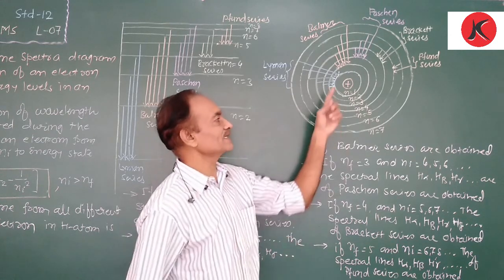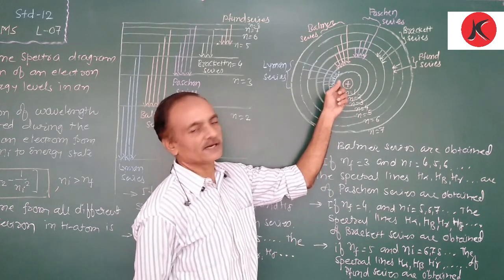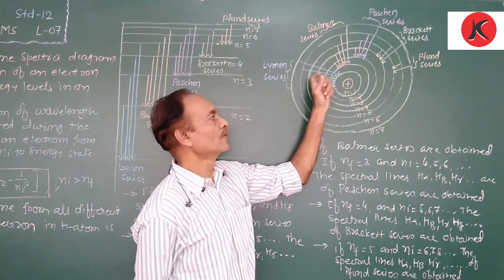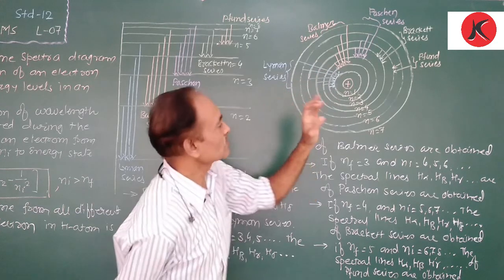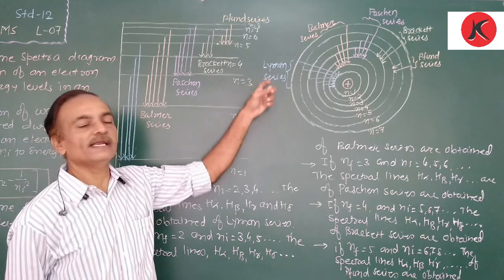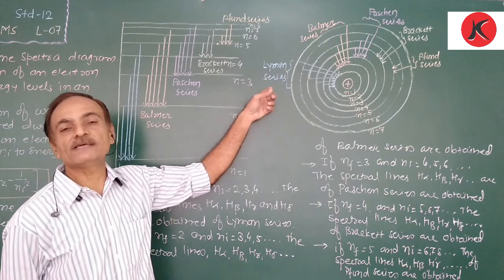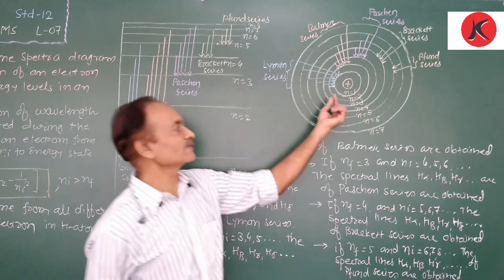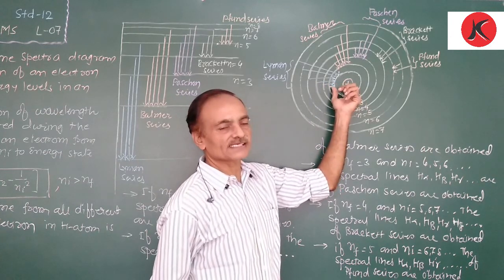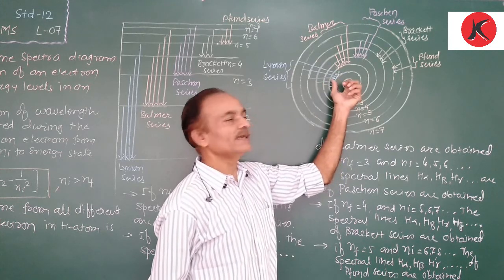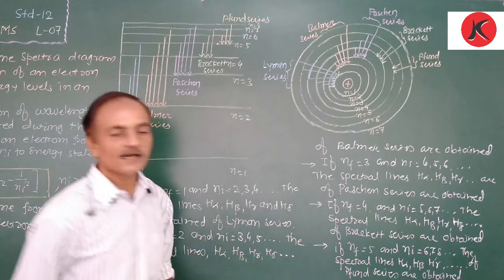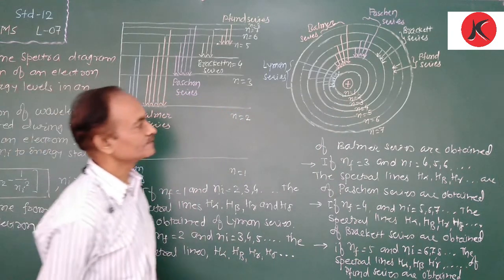When the electron makes the transition from second to the first, that means any orbit to the ground, third to the first, fourth to the first, the wavelength of the light emitted during this transition is called the Lyman series. Corresponding to the 2 to 1 is the alpha line, 3 to 1 transition is the beta line, 4 to 1 is the gamma line, 5 to 1 is the delta line.